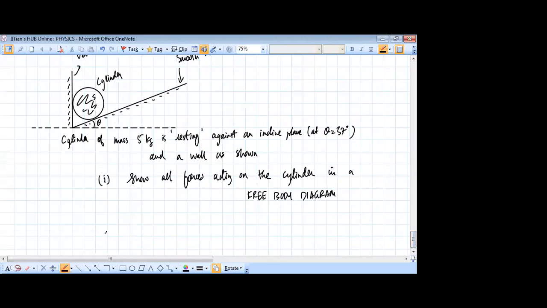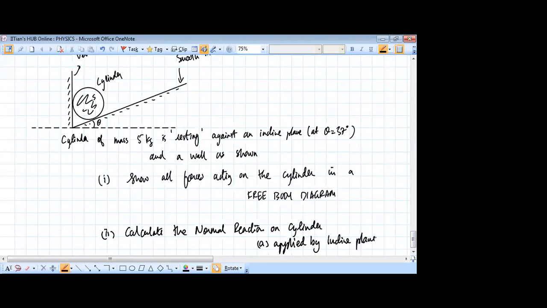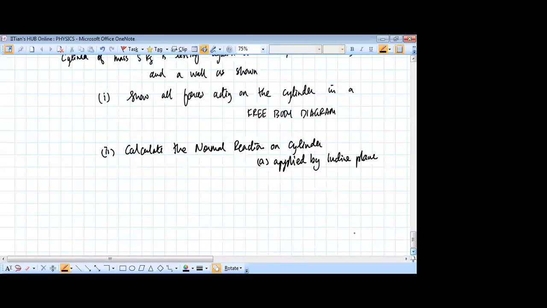And from that, calculate the normal reaction on the cylinder applied by the inclined plane and applied by the wall.